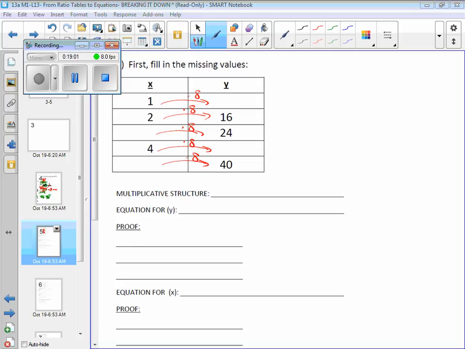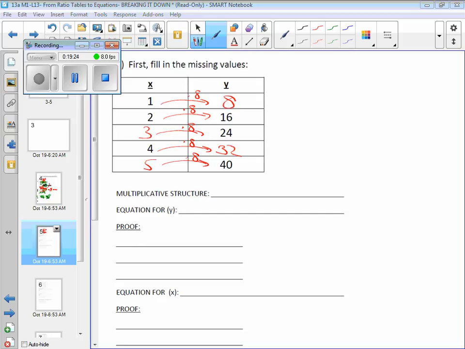But let's do it. 1 times 8 is done. 2 to 16 is the given. Ready? What number times 8 makes 24? Good. 4 times 8. What number times 8 makes 40? Done.